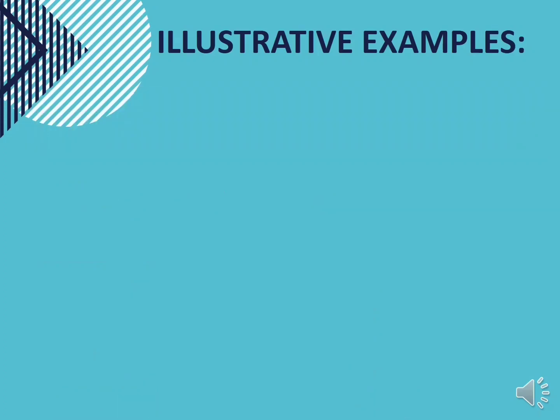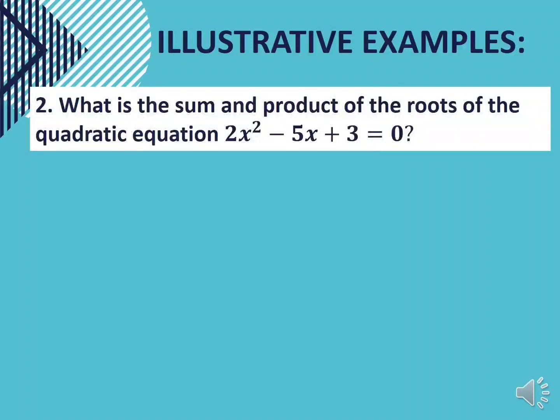Let's have this example number 2. What is the sum and product of the roots of the quadratic equation 2x squared minus 5x plus 3 is equal to 0? Now, first, let us find the a, b, and c. A is 2, b is negative 5, and c is positive 3.